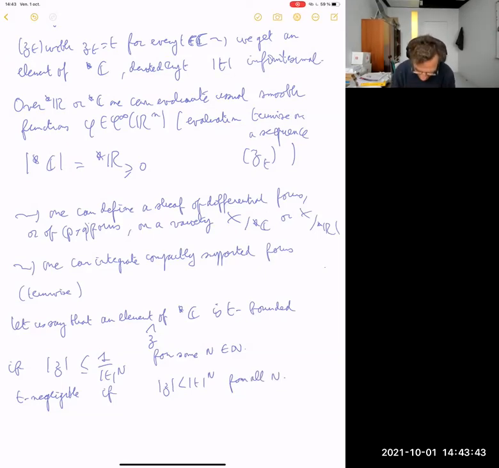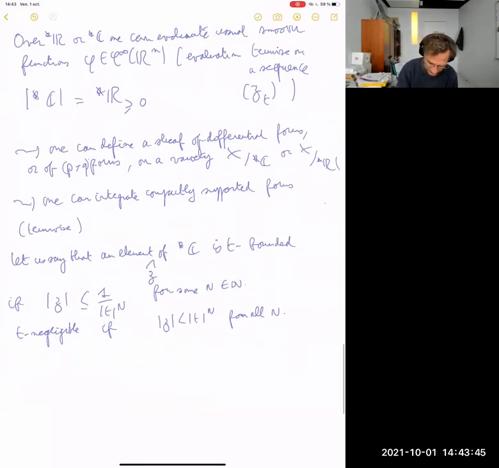And then what I really am interested in is the following. Let C, without a star, and not bolded, just C, be the set of T-bounded elements modulo T-infinitesimals.